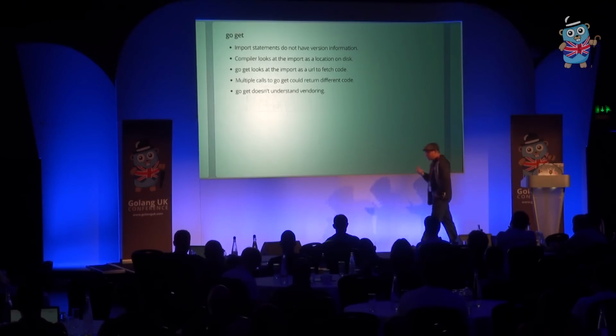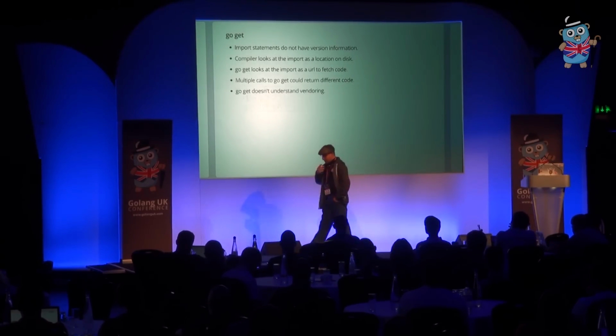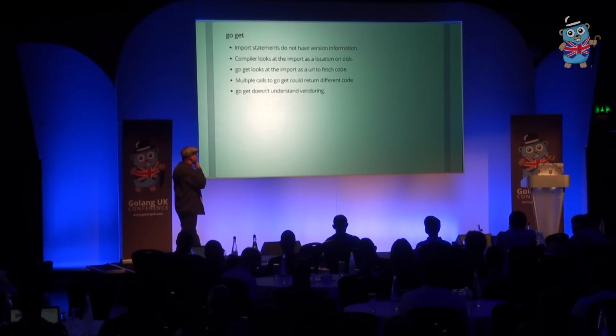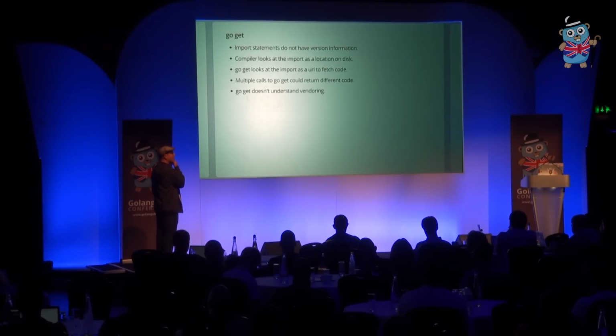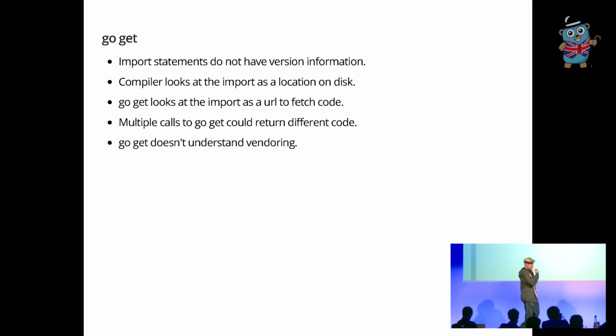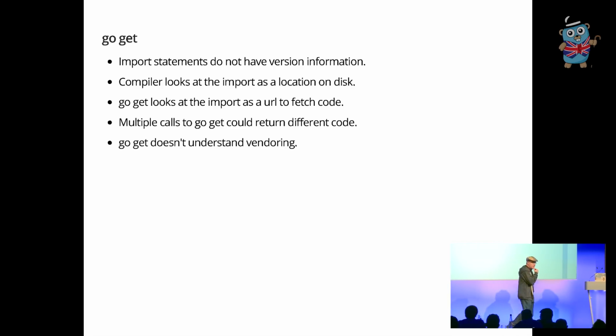Now, both of these solutions exist today because primarily we can't trust go get in terms of what it pulls down every time we call it. Right? The import statements don't really have version information on them. And that's one of the big problems.